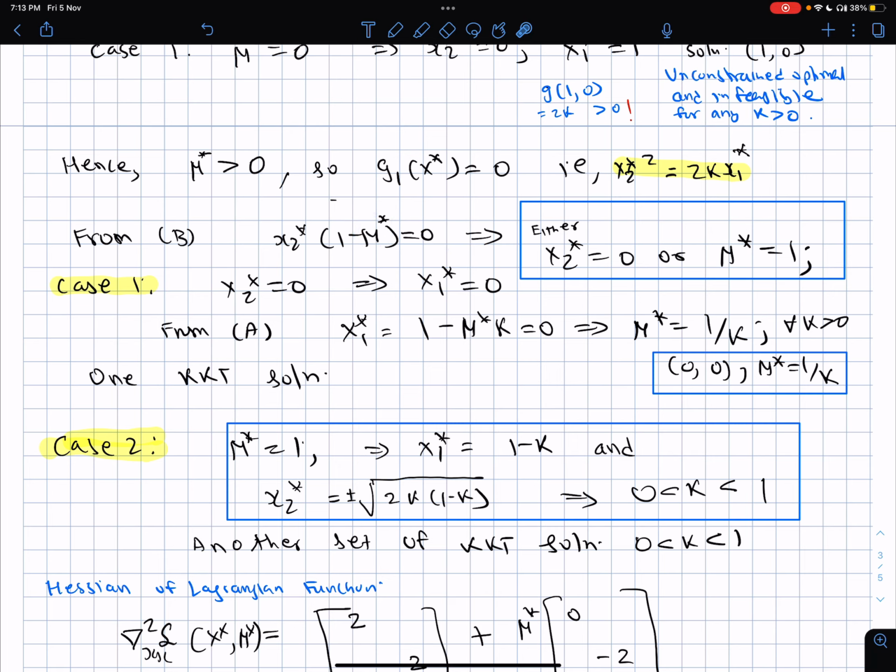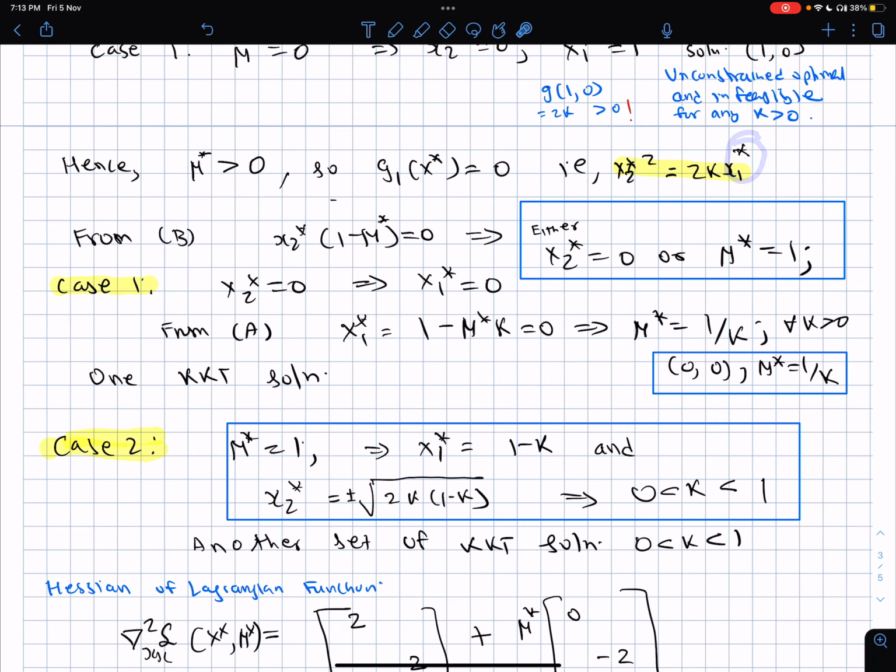In practicality, you can have 0 of x2 star and 1 of mu star, but we don't really need to worry about it. If we analyze both these cases, that case is automatically covered. So I have put it like either x2 star should be equal to 0 or mu star should be equal to 1. So now let us say that x2 star is 0. If x2 star is 0, then from this equation what do we get?